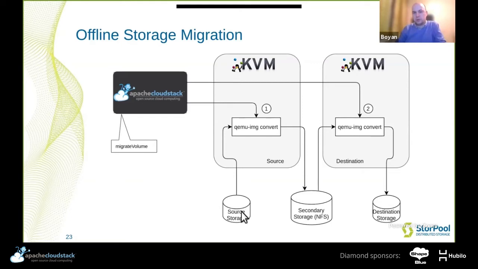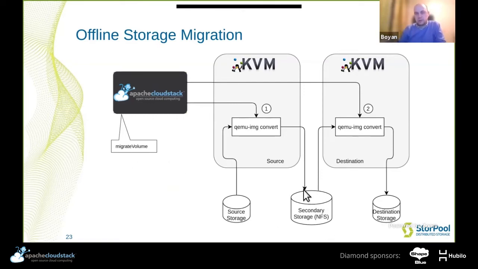So you have the source storage, and say for example it's in QCOW format, or say it's in raw format, and then CloudStack would copy this data onto secondary storage, which is usually NFS, and then copy it back from secondary storage to primary storage. And these source and destination storage arrays don't need to be related in any way. They could be different technologies. They could be just different storages in different clusters in the same zone, etc.